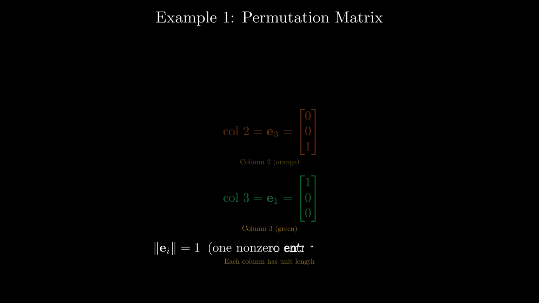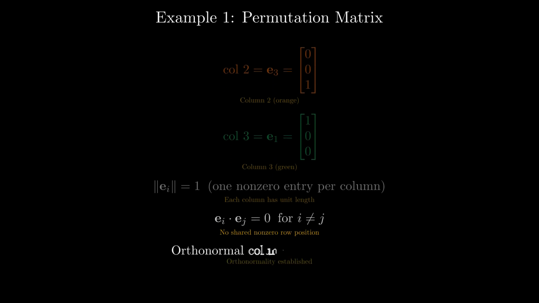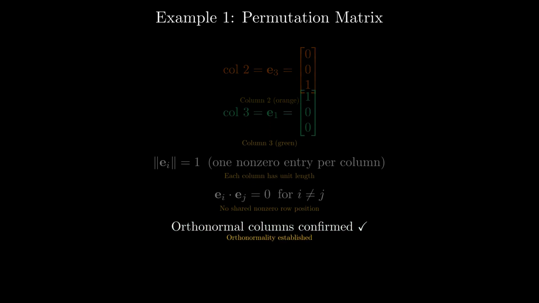Now let's check orthonormality. Each column is a standard basis vector, so each has exactly one entry equal to 1, and the rest 0. That means each column has length 1. Next, the dot product checks. No two columns share a non-zero entry in the same row position, so all pairwise dot products equal 0. So, orthonormal columns confirmed. Now let's compute Q transpose.